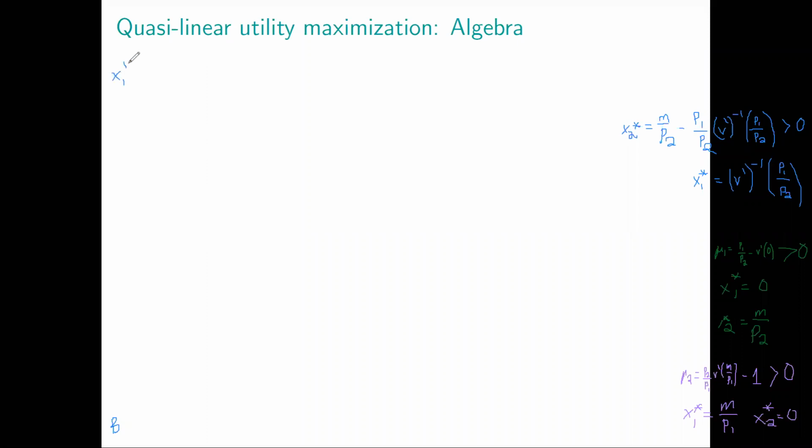The way we're going to do this is, we'll have x1 star as a function of p and m, and this is going to equal some stuff that depends on cases.